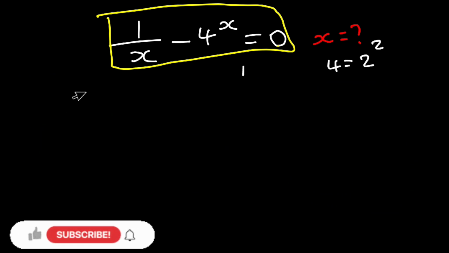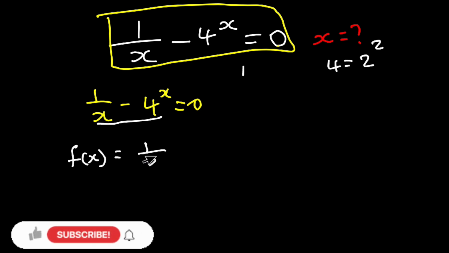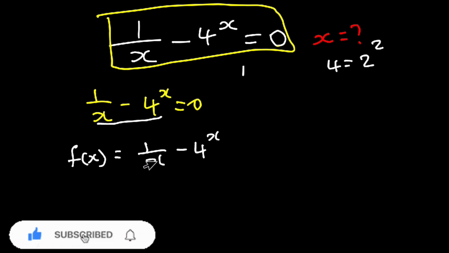So we have 1 over x minus 4 to the power of x equals 0. Now let's equate this to f of x. We're going to have f of x equals 1 over x minus 4 to the power of x. Now notice that we have x at the denominator, so the value of x here cannot equal 0.